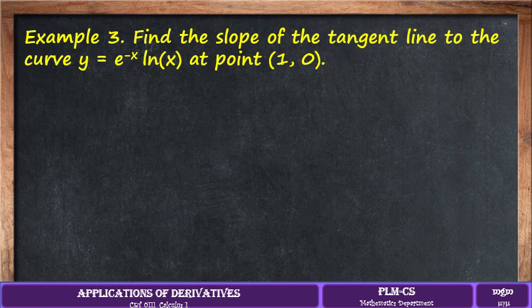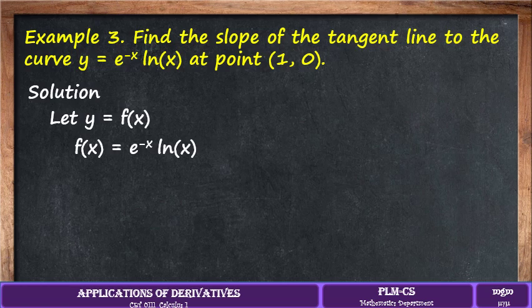In this example, we are asked to find the slope of the tangent line to the curve y equals e raised to negative x times ln x at point (1, 0). To solve this, first, we have to let y be equal to f of x. So f of x equals e raised to negative x times ln x.